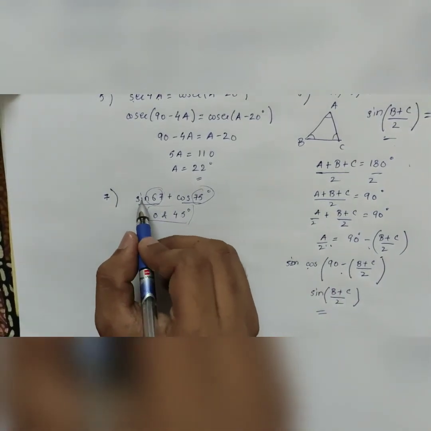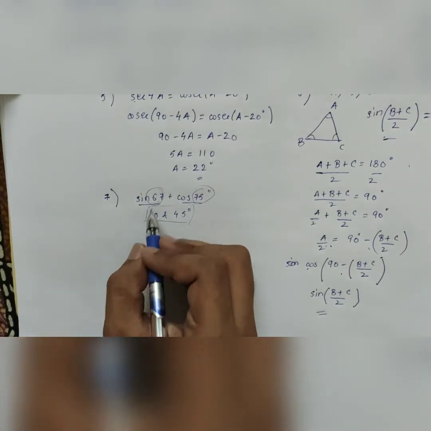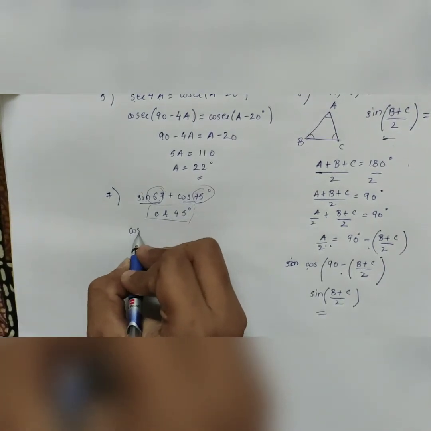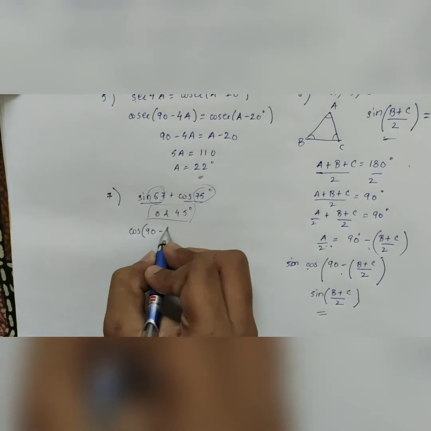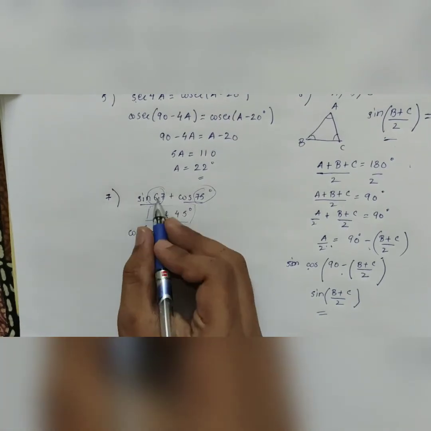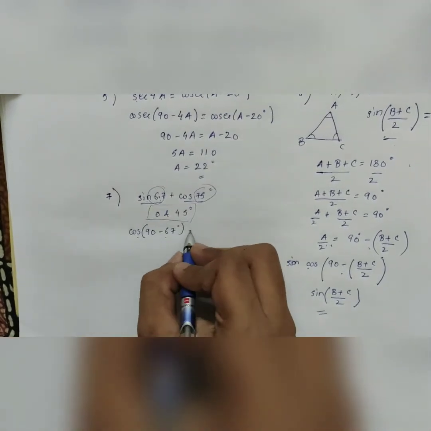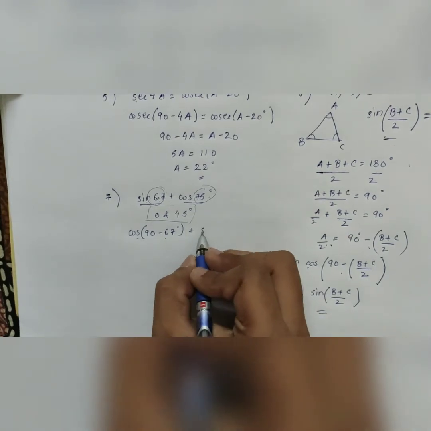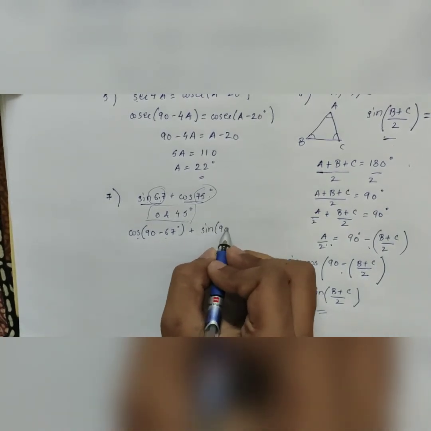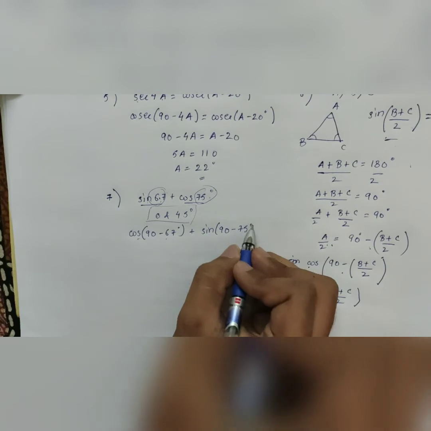So that is a simple thing. So sin 67 you can write as cos 90 minus 67. Sin theta is equal to cos 90 minus theta. Similarly, cos 75 you can write as sin 90 minus 75.